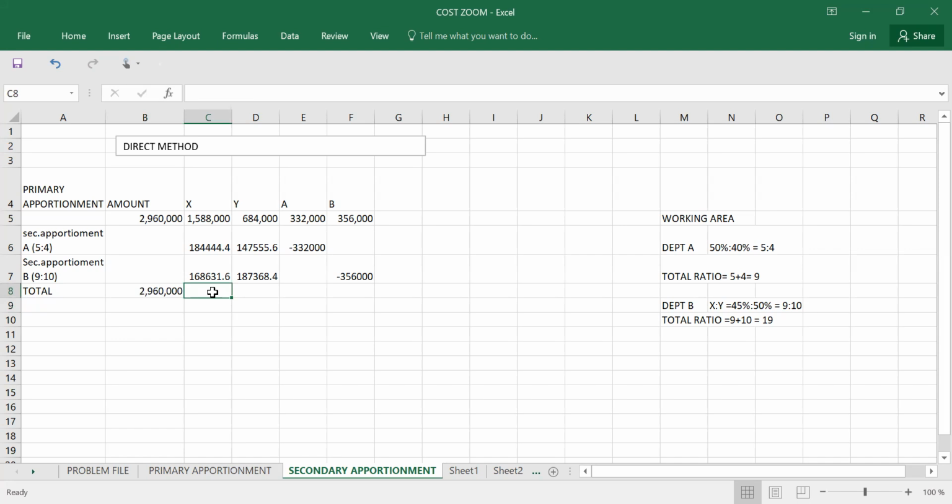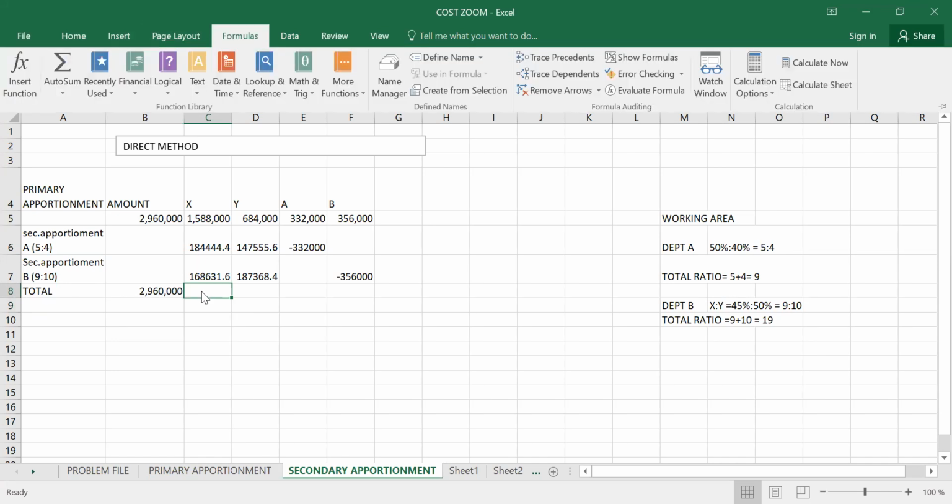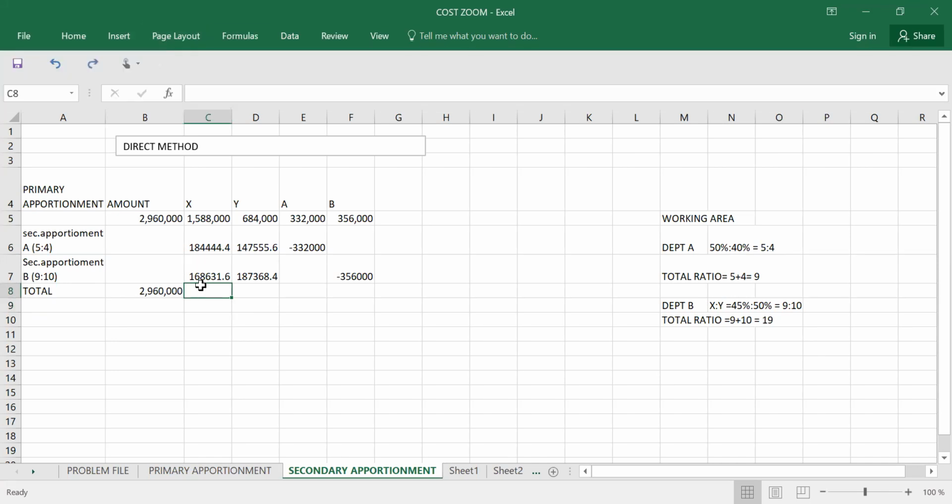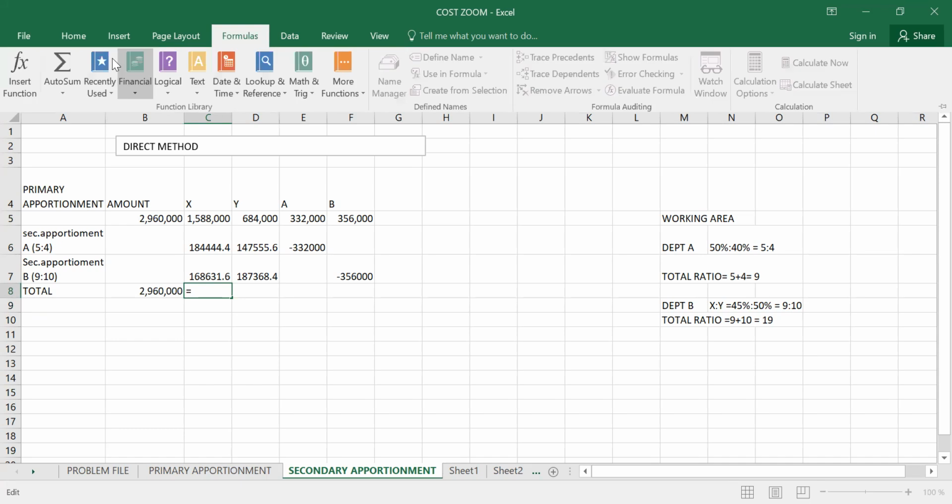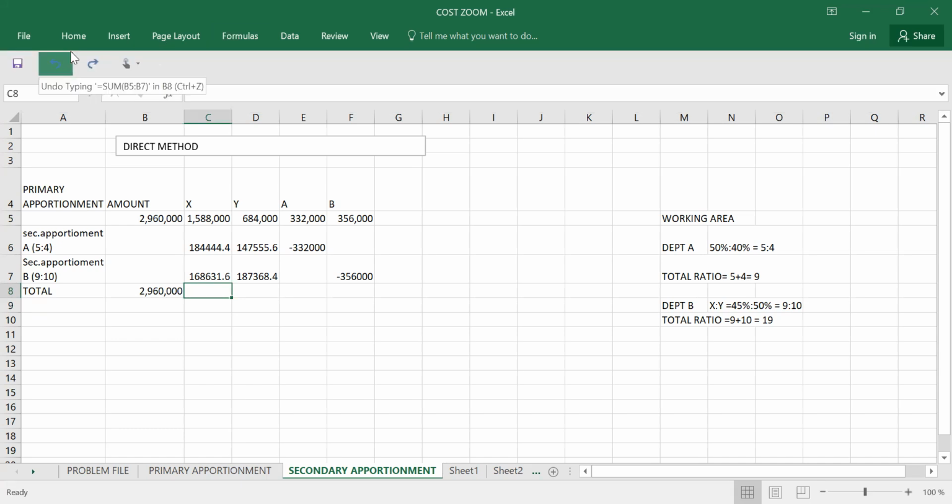Same way, I also add from up there, from here. Making some additions.